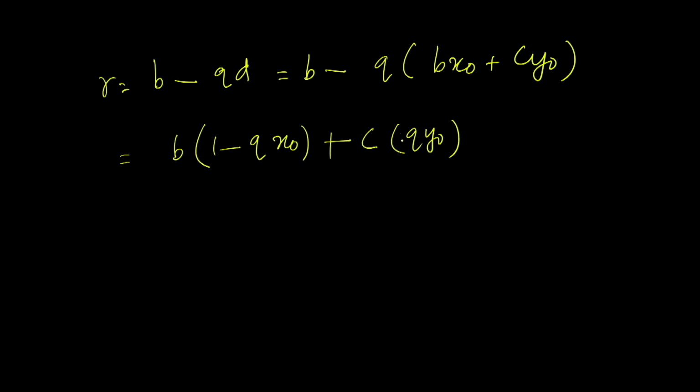Or I can put a plus here and move the negative sign here. So we have two integers, 1 minus Qx naught and minus Qy naught, so that R is a linear combination of B and C with these as the coefficients.